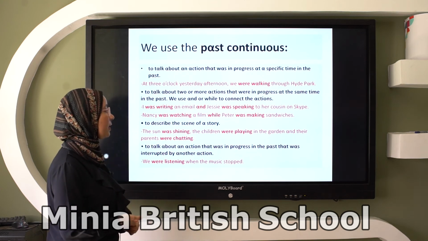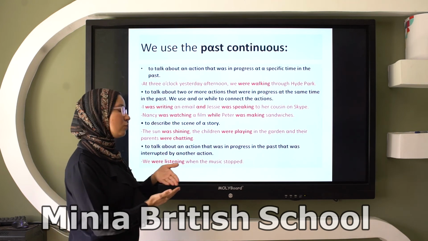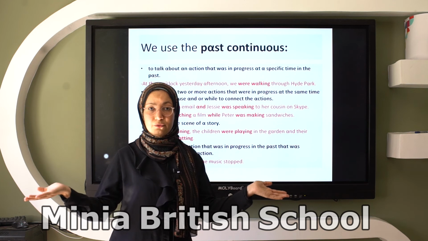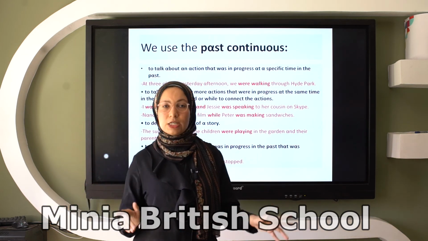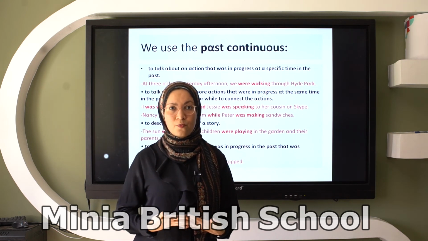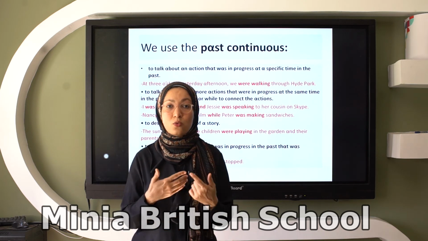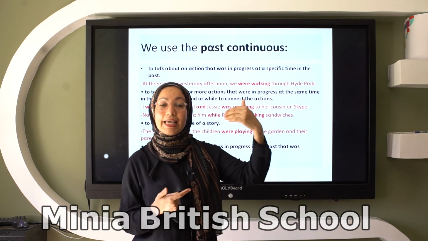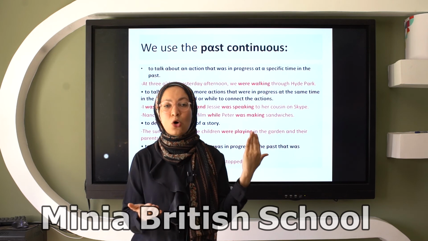Number four, to talk about an action that was in progress in the past that was interrupted or cut by another action. So, I was doing something, for example, okay. Let's take it as a real example. Okay, I was giving a session in my room when somebody knocked on the door. So I was doing a continuous action while somebody else came and interrupted my action.